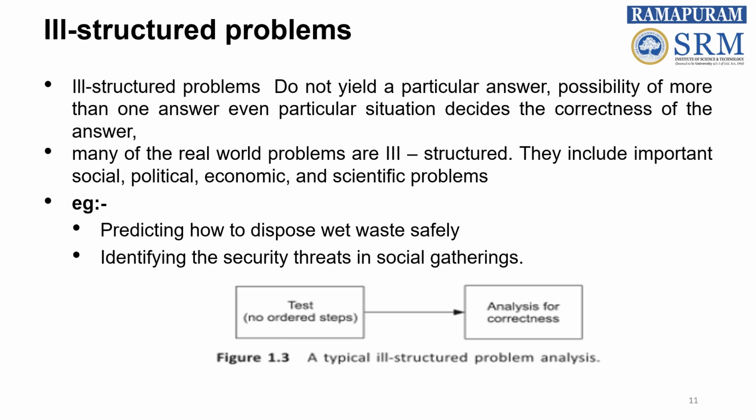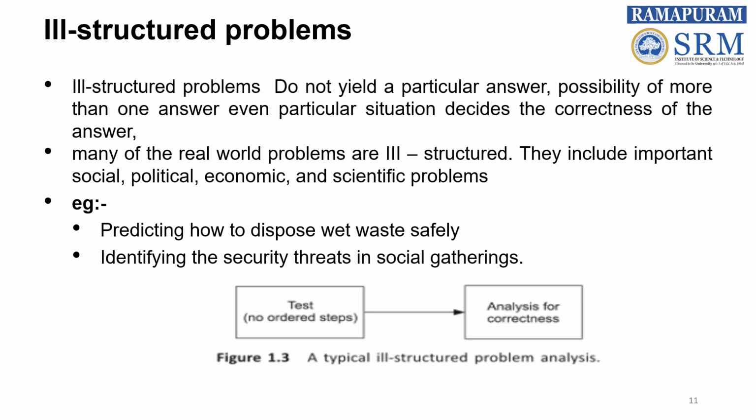That is called ill-structured. For example, how to dispose of wet waste. What is wet waste? It depends on perception. I could list a number of methods, and you will not know which one is correct. You may not be able to decide the correctness. How to identify security threats in social gatherings. These are all examples of ill-structured problems.